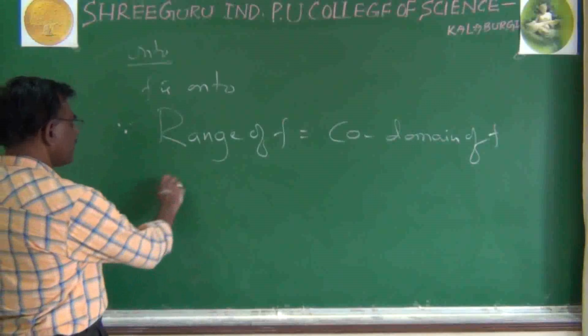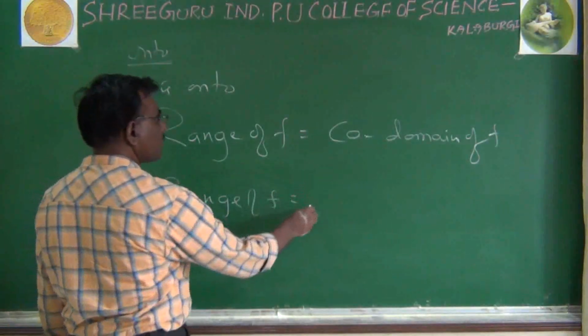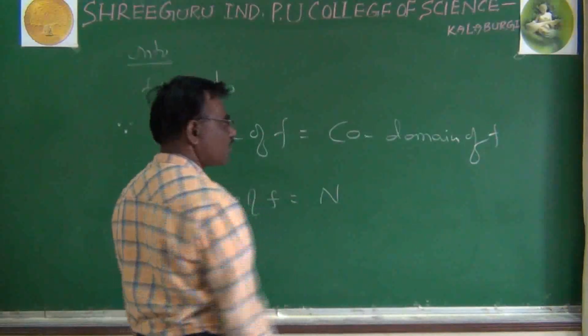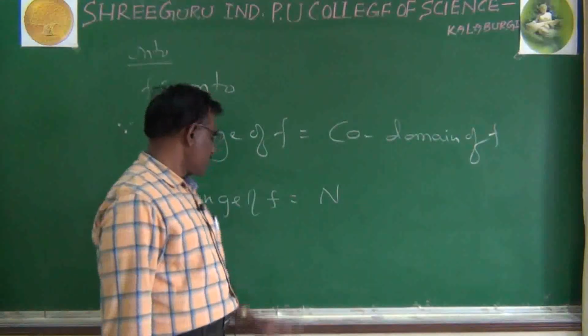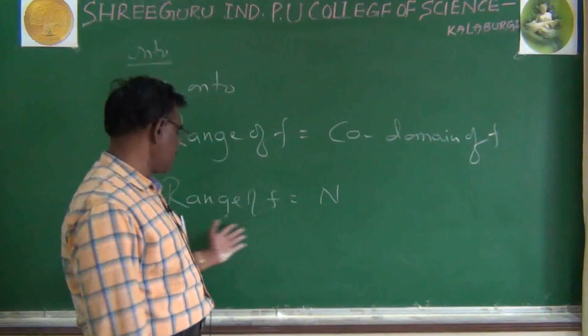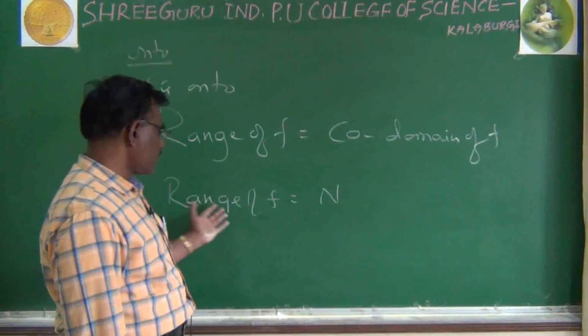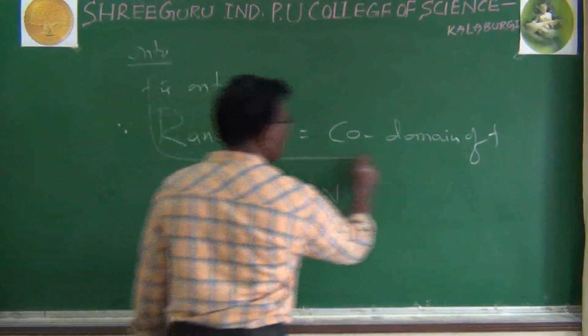What is the range of f? The range of f is the natural numbers, and the codomain is also the natural numbers. So the range of f equals the codomain. This is enough.